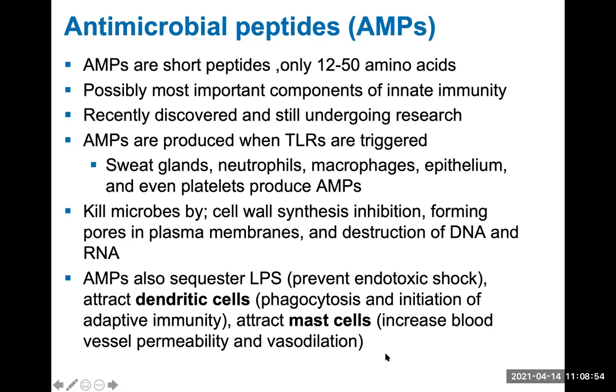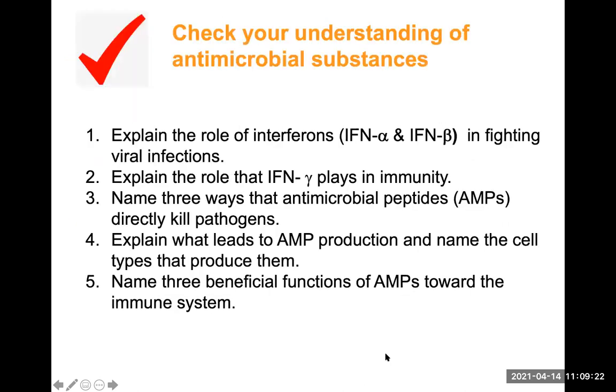They also attract dendritic cells to increase phagocytosis and initiate adaptive immunity. And they can also attract mast cells to increase blood vessel permeability and vasodilation. So they play a very important role in all sorts of areas of the immune system, right? So it's a very interesting, new field of study.